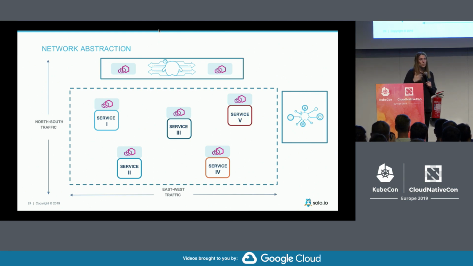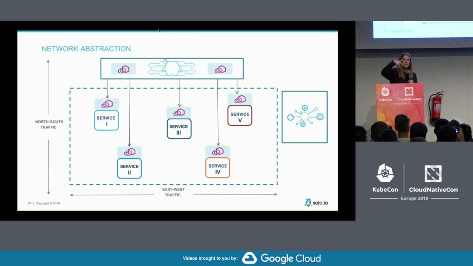That's basically what we're doing. So at the end of the day, every time traffic comes to the cluster, it's going through this proxy that the API gateway or the ingress is representing, and every time traffic goes across microservices in the cluster already, it's going to go to the sidecar that your microservice is using.